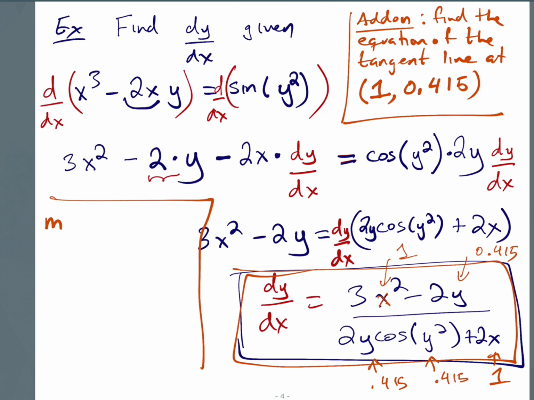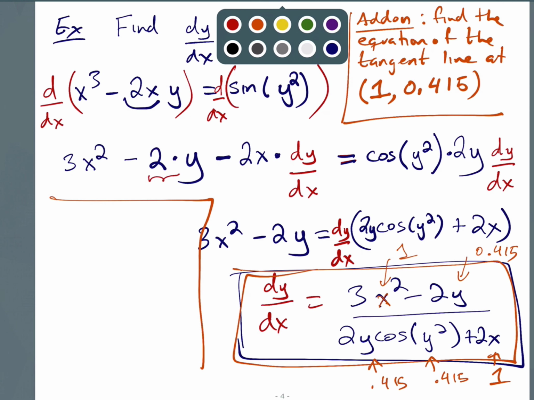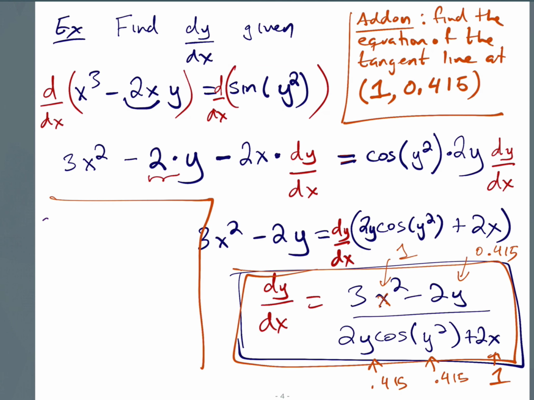So the slope. Oh, wait, have you guys seen this notation? This is good to introduce. If I do this, dy over dx, I put a vertical bar like that, and then I put 1, 0.415. What does that mean? The derivative at that point. Yeah, so it means evaluate whatever is there, right?